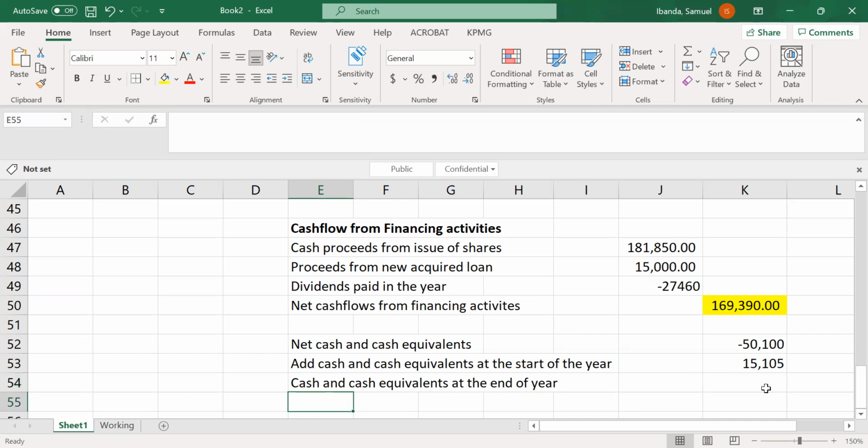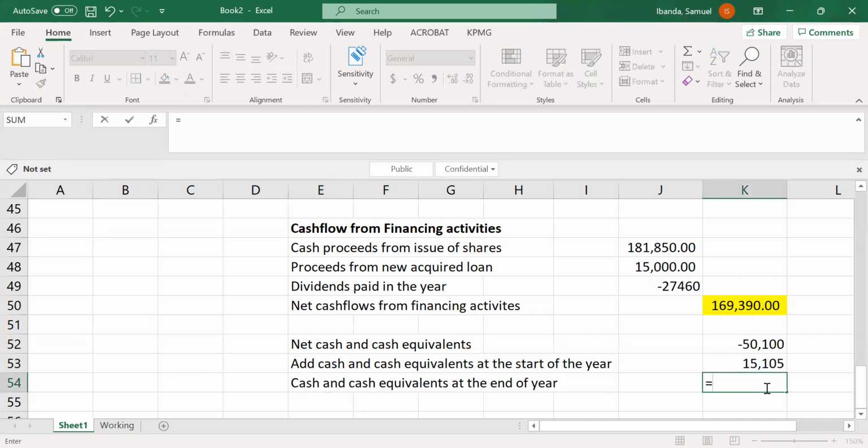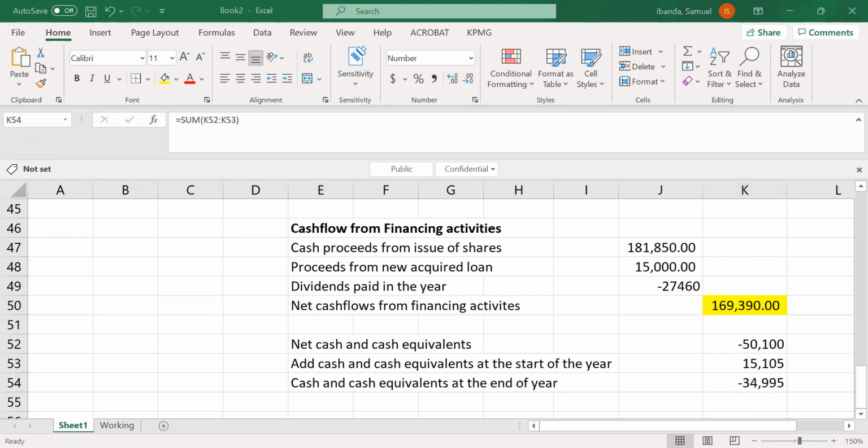Now, the cash and cash equivalents at the end of the year is basically the summation of these two values, which gives us 34,995.